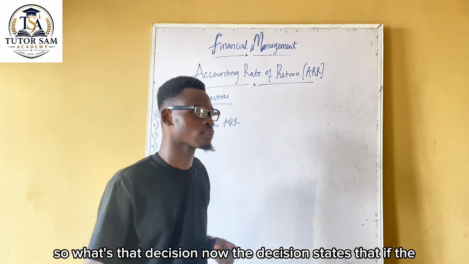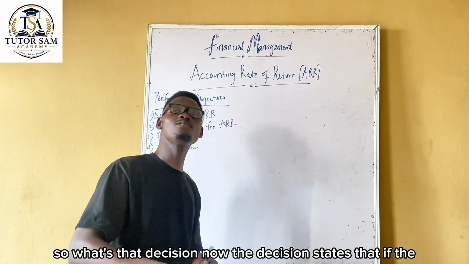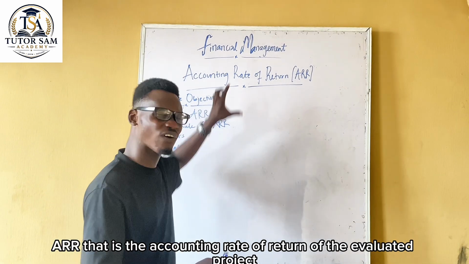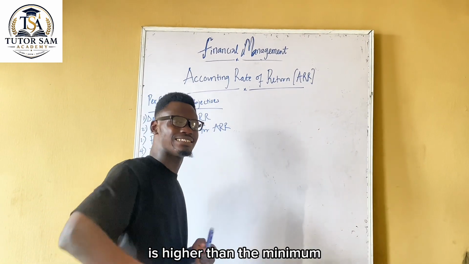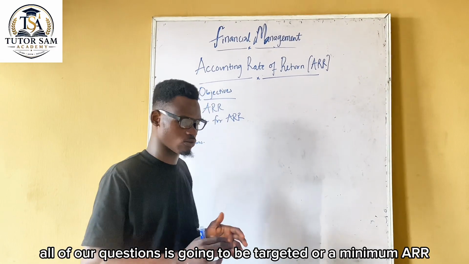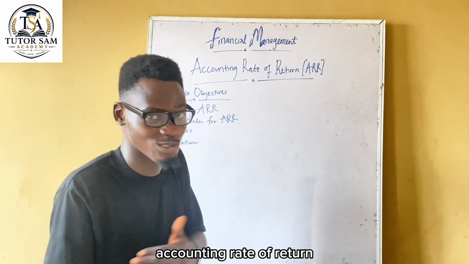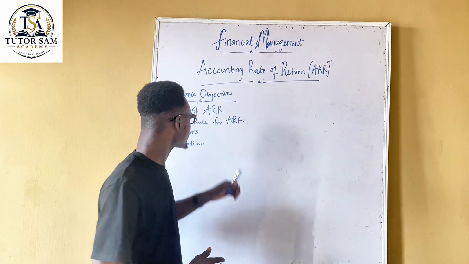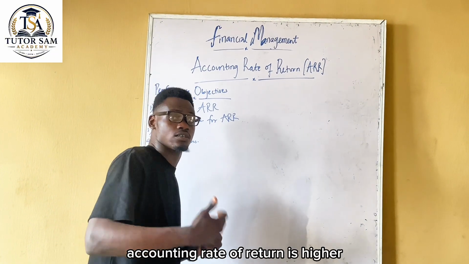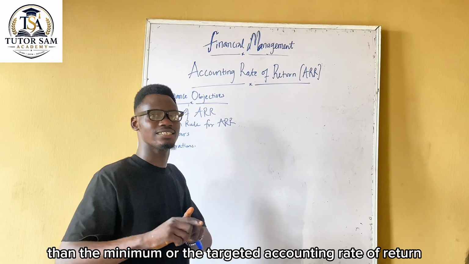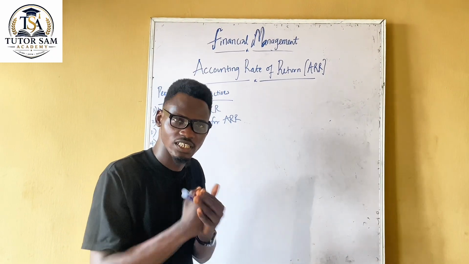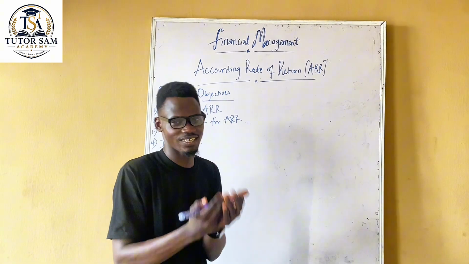Now, the decision states that if the accounting rate of return of the evaluated project is higher than the minimum ARR given in the question, because all of our questions are going to have a targeted or minimum accounting rate of return, such projects should be accepted.